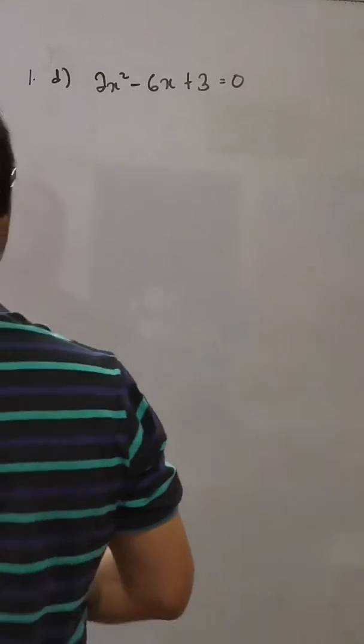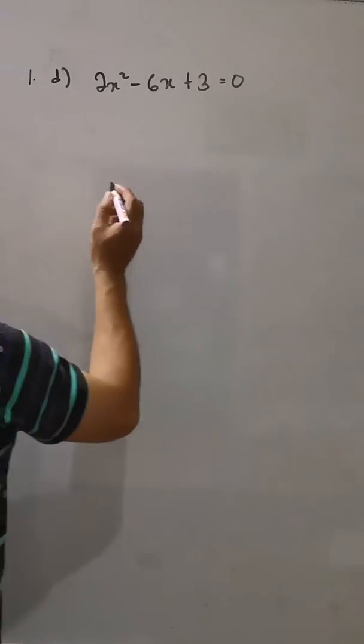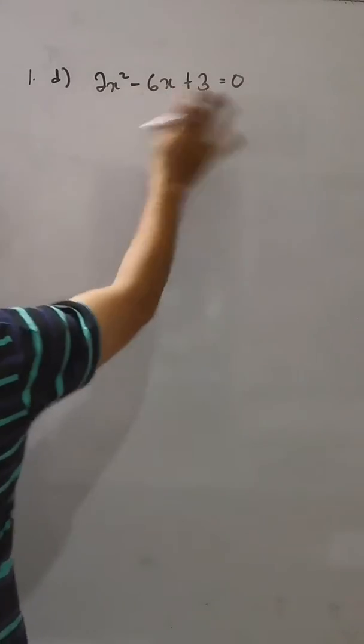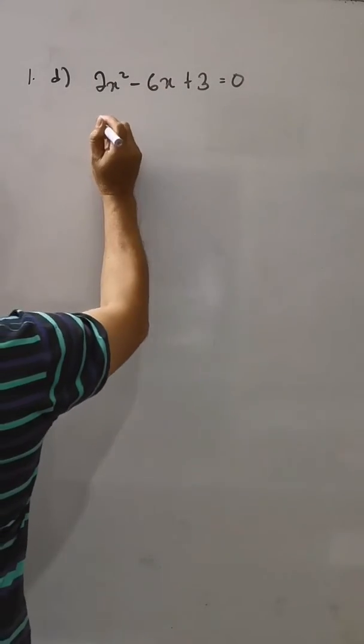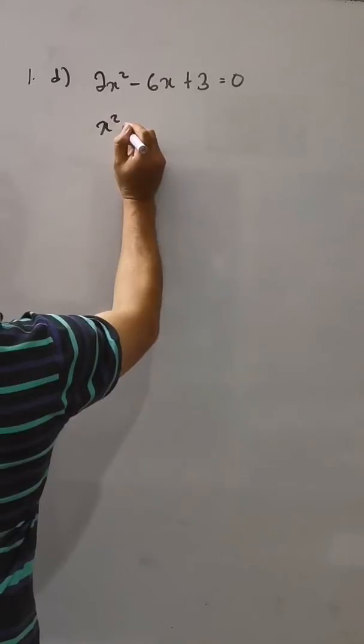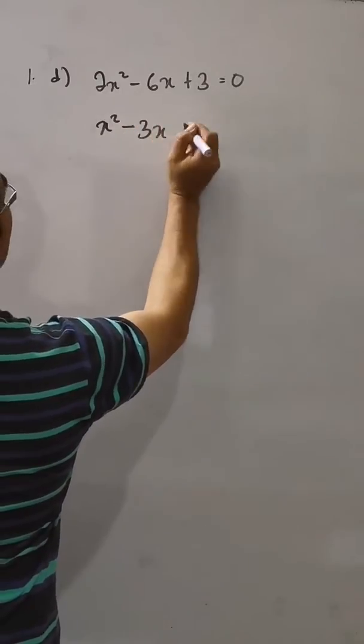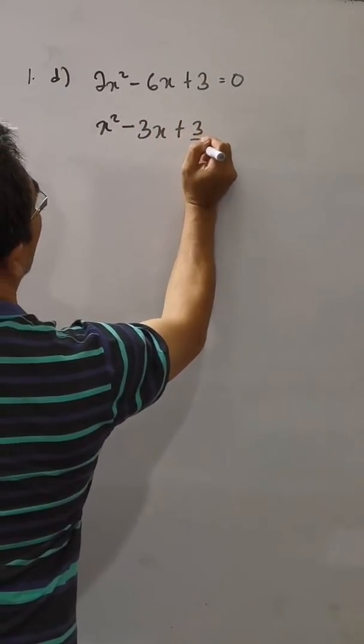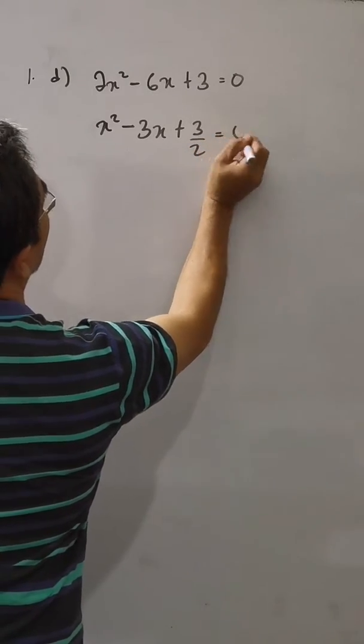Okay, question D, 2x squared minus 6x plus 3 equal to 0. So first, maybe I will divide all by 2. So you get x squared minus 3x plus 3 over 2 equals 0.